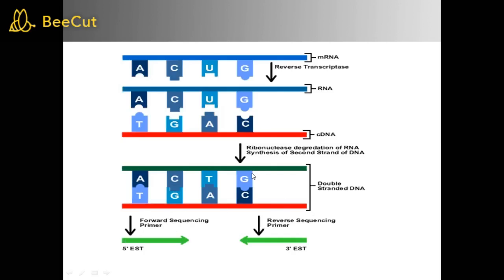We will not sequence the whole cDNA molecule, only bits of it. The green arrow represents the portion sequenced. Sequencing from the 5' end gives the 5' ESTs, and sequencing from the 3' end gives the 3' ESTs. We are not sequencing the whole cDNA molecule.